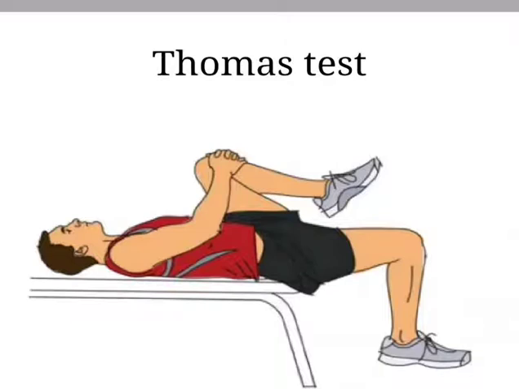If the affected leg does not touch the couch or is slightly flexed, then there is tightness of the iliopsoas. If the leg does not flex but is slightly abducted, it indicates IT band tightness. And if the knee is slightly extended, not fully flexed, then it indicates rectus femoris tightness.